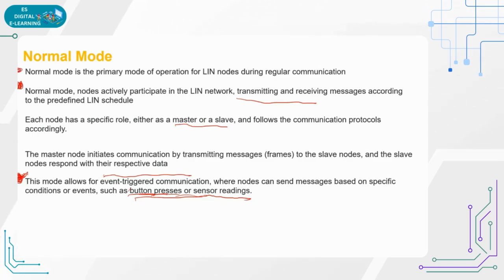Whatever I highlighted are the points you need to write down in your notes to understand how normal mode works. The main thing is event trigger. Event trigger is whenever some disturbance is created, that is part of an event. So event trigger is a very important keyword.